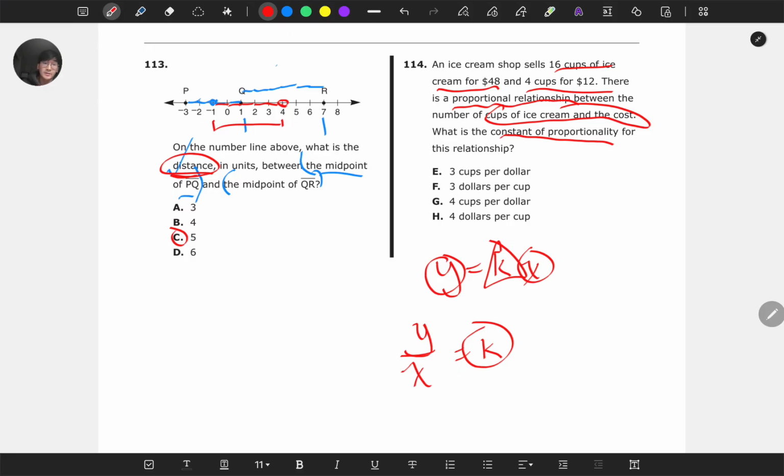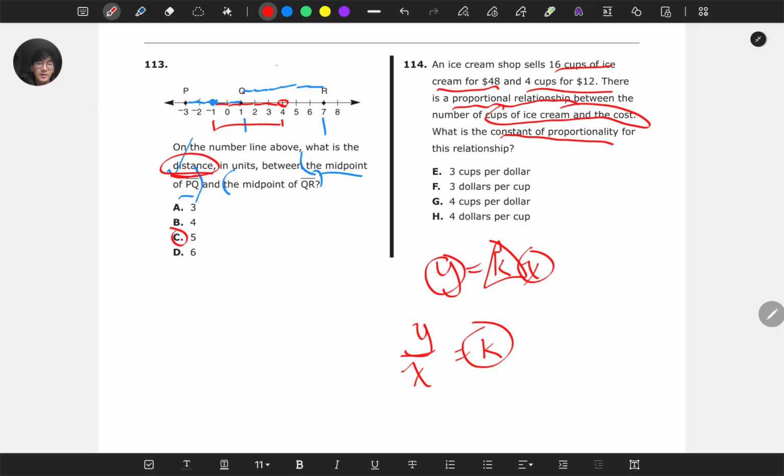Now to do this, just to get the answer, just plug it into the formula, okay? But if you want to make sense of this stuff, which is, I think, more important, you just think about this. So an ice cream shop sells 16 cups of ice cream for $48.